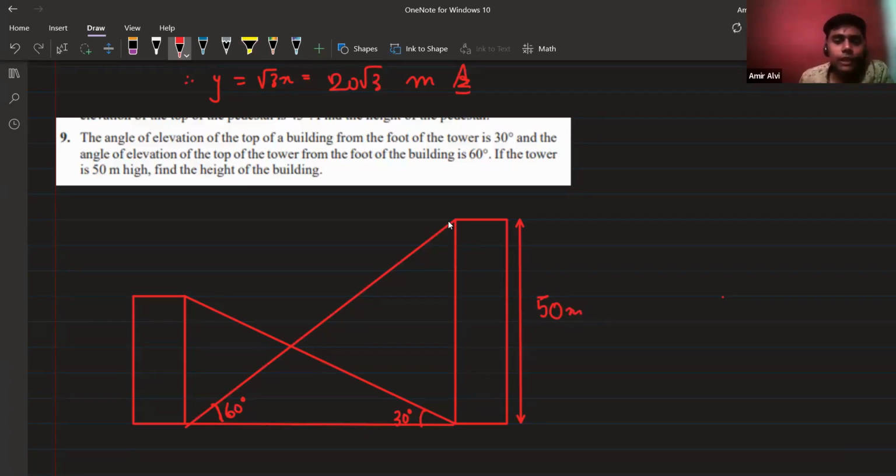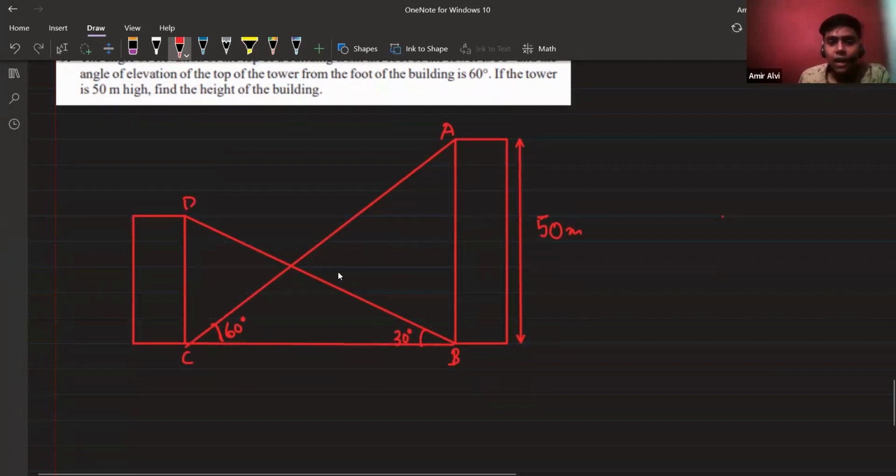Let's take this figure as A, B, C, and D. Clear? Yes, sir. We have the value of the height of the tower, so we need to find the height of the building.